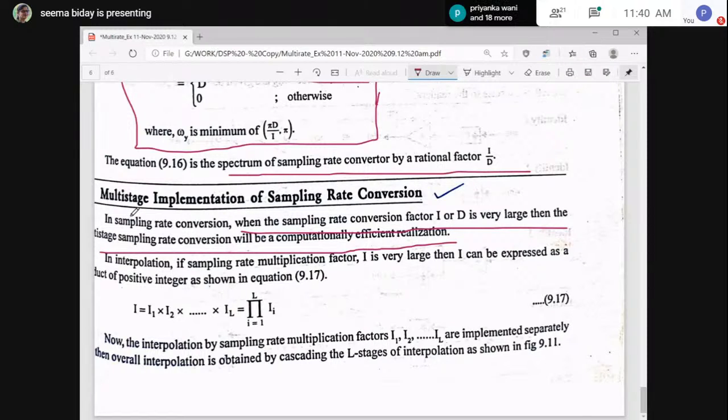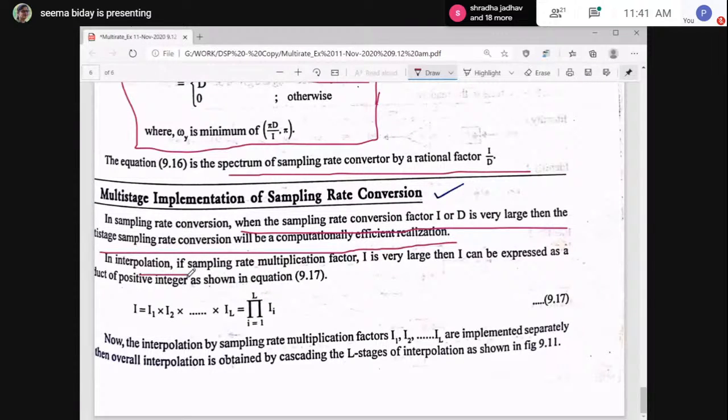This also can be a question: when to go for multi-stage implementation? Whenever the sampling rate conversion factor I or D is very large, then you can use multi-stage sampling rate conversion for realization.